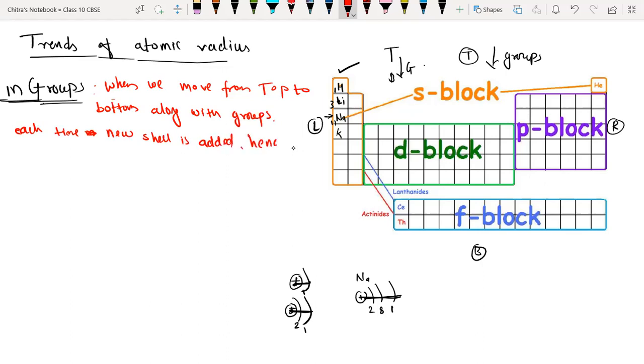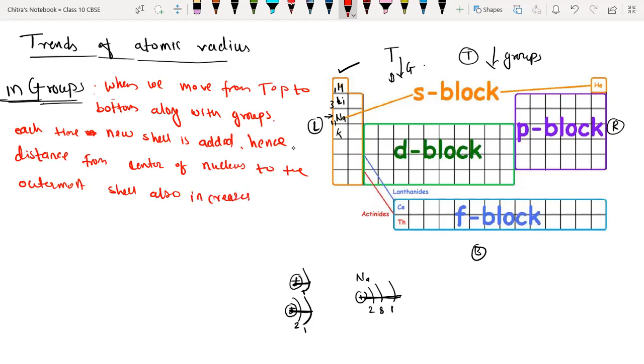Hence, the distance from center of nucleus to the outermost shell also increases. Is it?